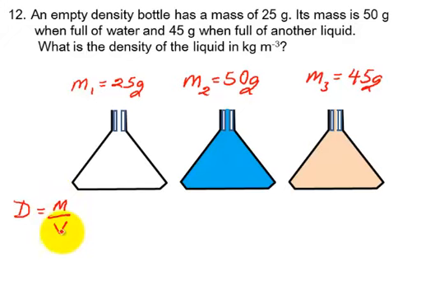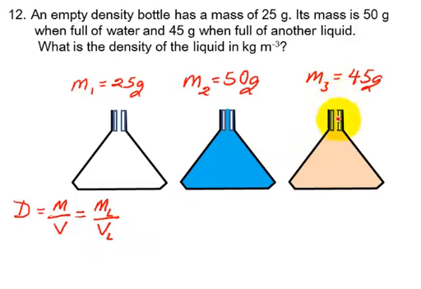For example, in this case, the density that we want is that of the liquid. So we need to get the mass of the liquid, ml, and then divide the mass of the liquid by the volume of the same liquid. It's simple to see how we can get the mass of this liquid.